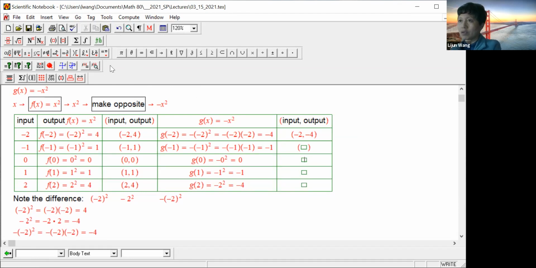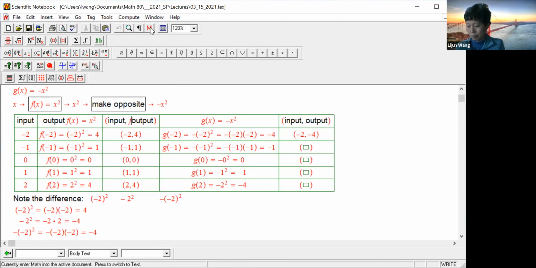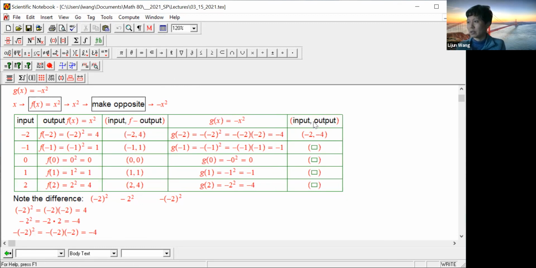Okay, I'm going to put an f output, and this is going to be g output, just to make that distinction.